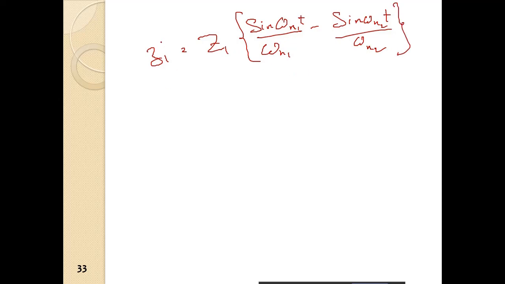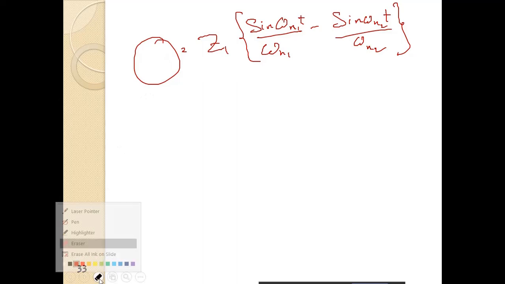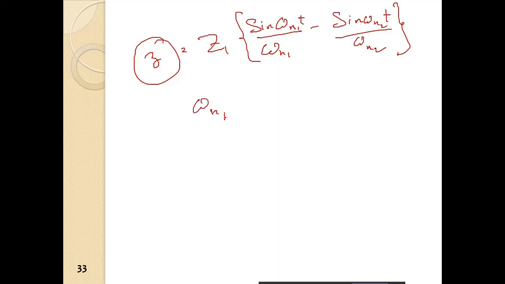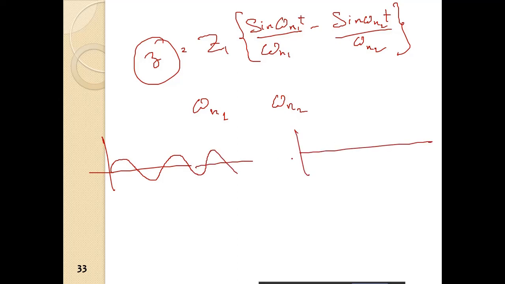So the total vibration of the mass m1, the displacement function of the mass m1, is actually governed by two frequencies, one at a frequency of omega n1 and one at a frequency of omega n2.